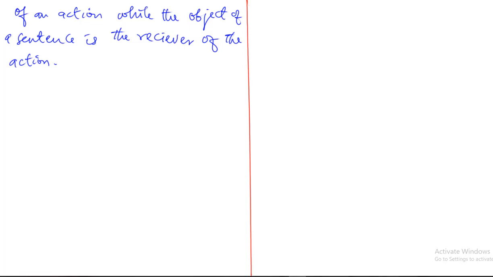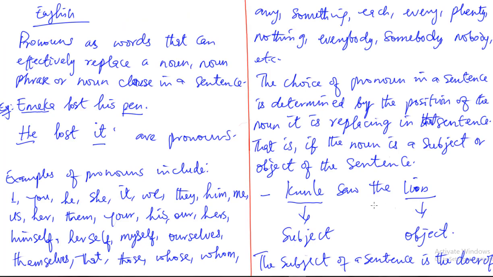So in this case, it is Kunle that saw. The verb here, the action word, is saw. So Kunle is the one seeing the lion. Therefore he is the subject of the sentence.